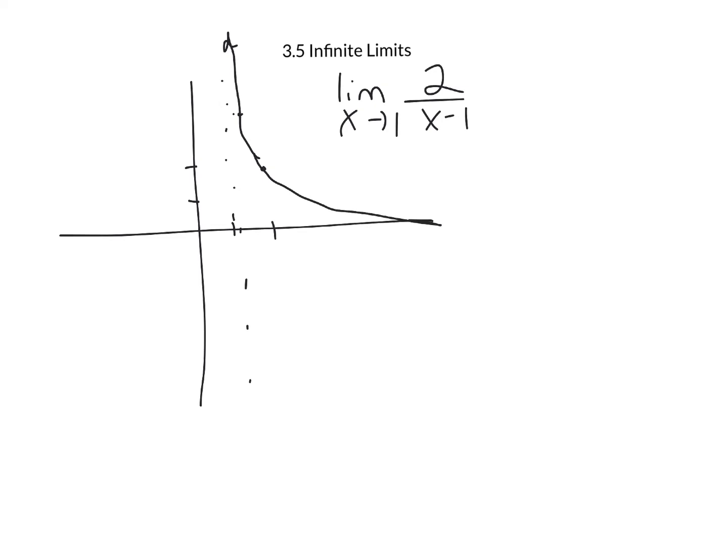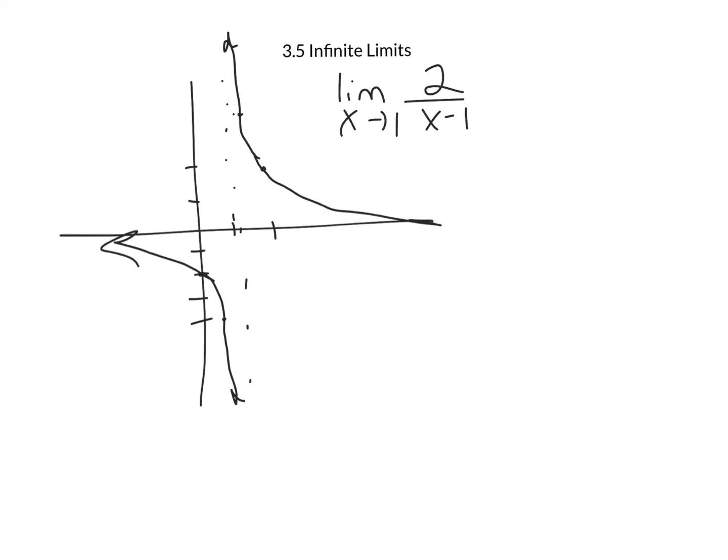And then on the other side of it here, as we get closer to 1 on the other side, whether it's 0, you would get negative 2. And at 0.5, you would get negative 4. So the graph would look something like that, okay?